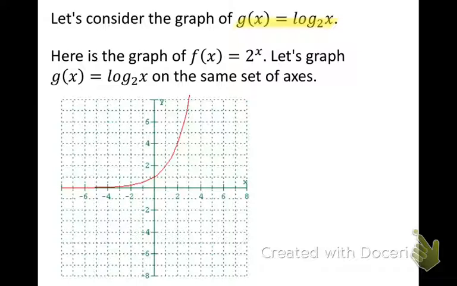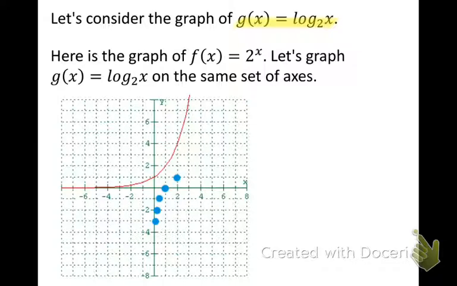All right, so if we look at some of the points that we just came up with, we had 1/8, -3. We had 1/4, -2. We had 1/2, -1. We had 1, 0. We had 2, 1.